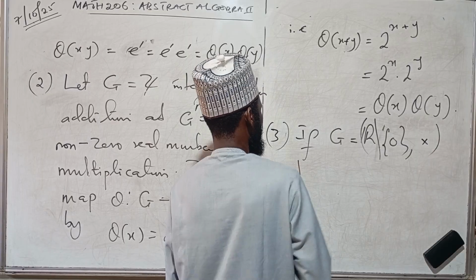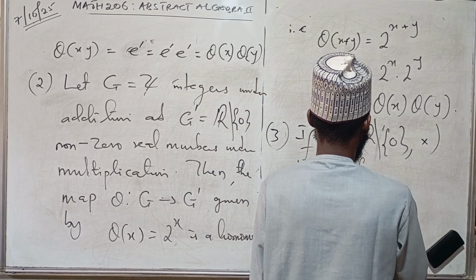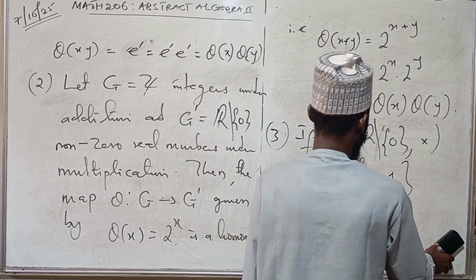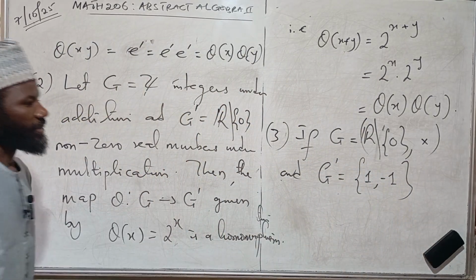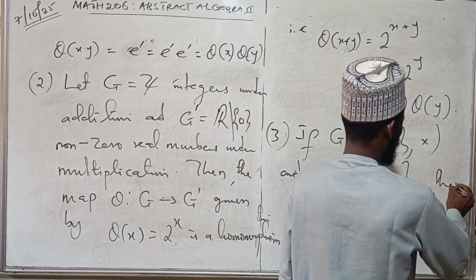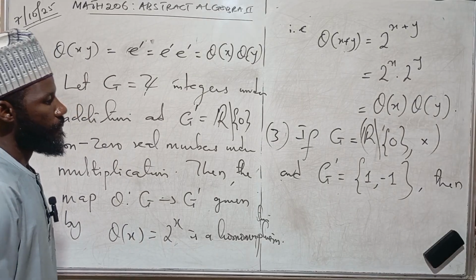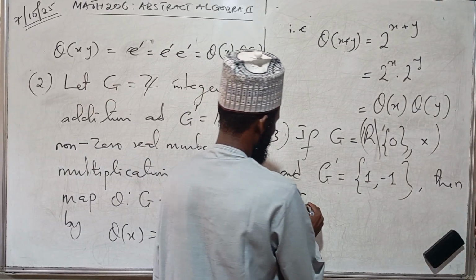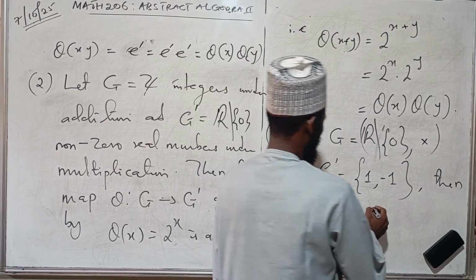And I would take G prime to be the group... I don't know that you can see this to be a group. It's a group under multiplication also. Okay? Multiplication of numbers.